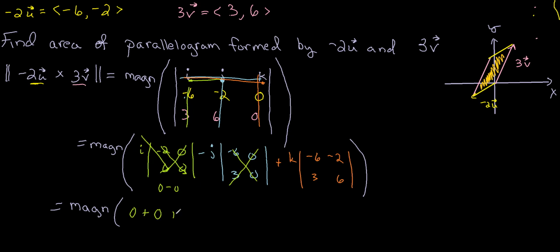The only interesting thing happening over here, and I should put little arrows over all my vectors if I want to be very precise with my notation. I've got negative 6 times 6. That gives me a negative 36 minus the other diagonal, and I get a negative 6. So minus a negative 6.